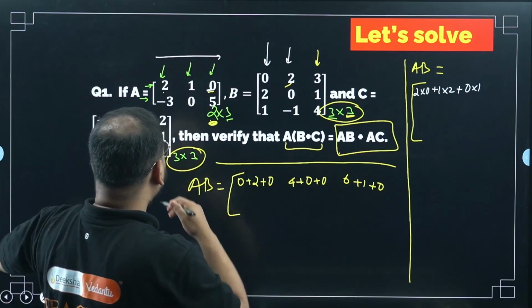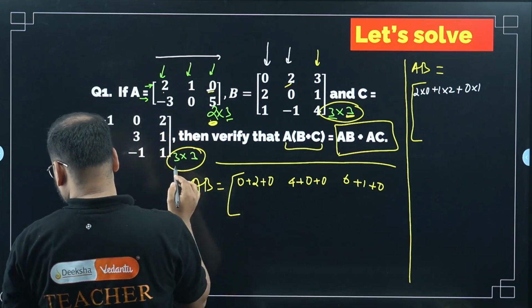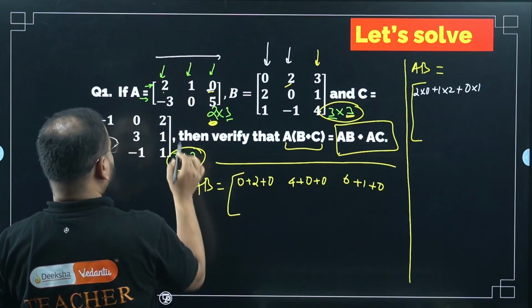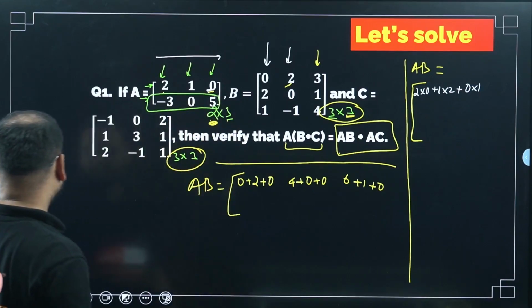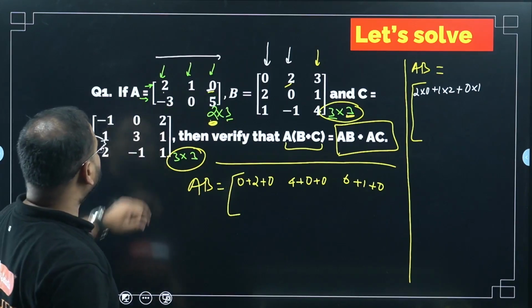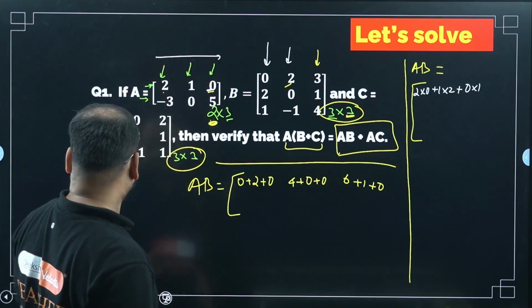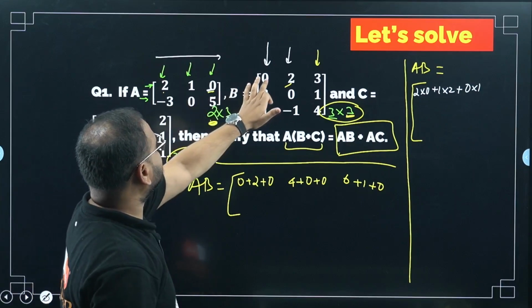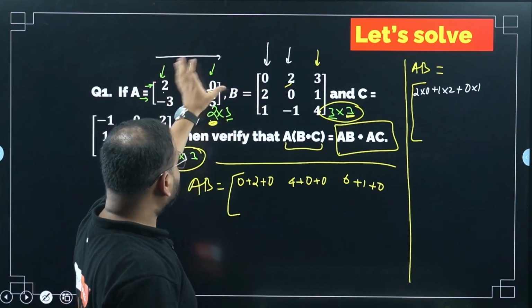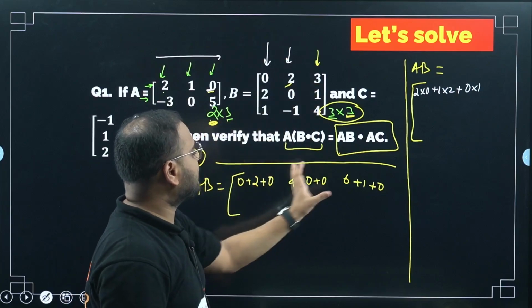Moving on to the second row. Now we'll move on to the second row. Where is the second row, sir? Second row is here. I hope you can see that. Okay. So minus 3 times 0, right? Because same thing: we did the first row with the first, second and third columns to get the 3 elements.